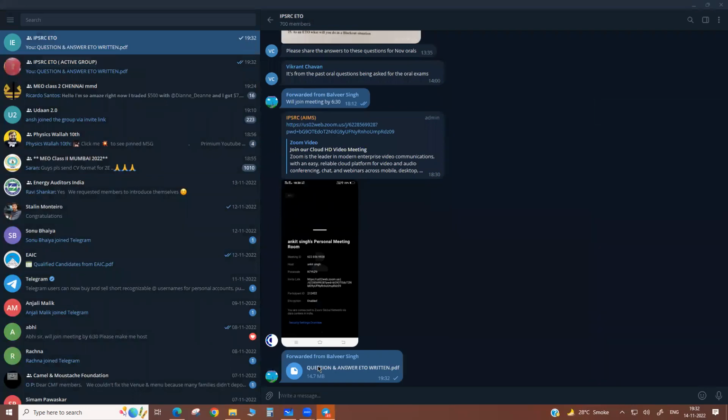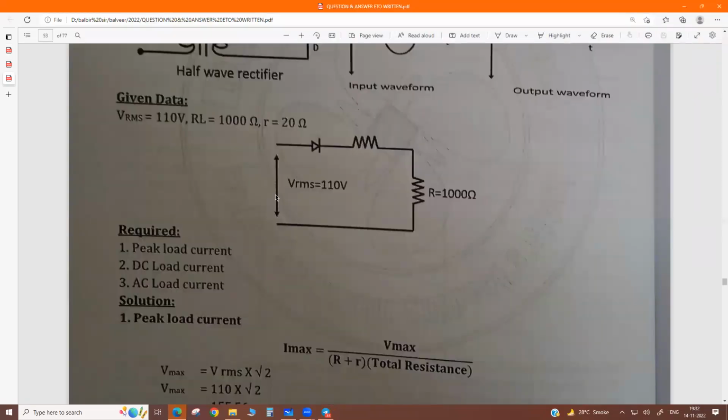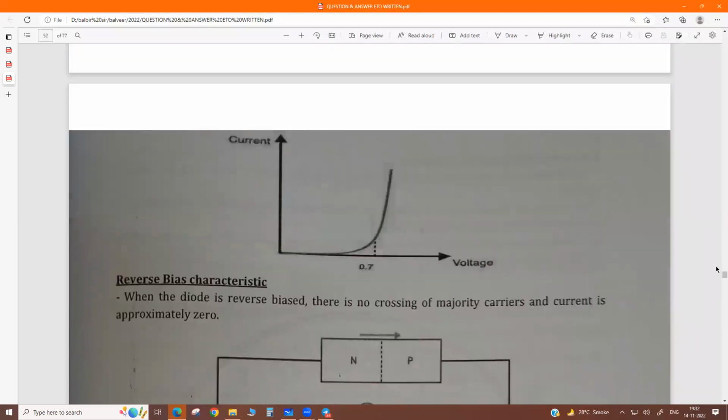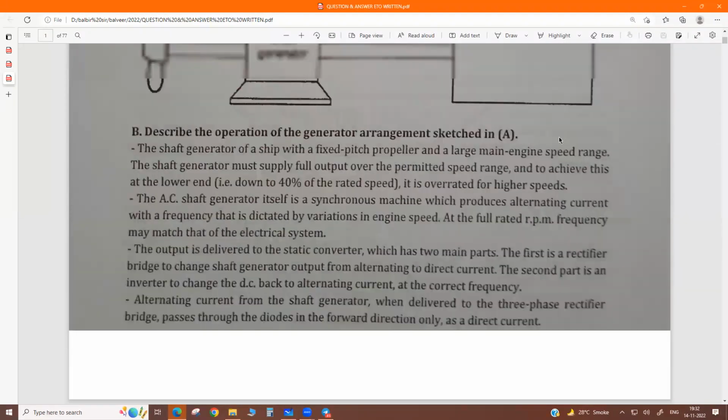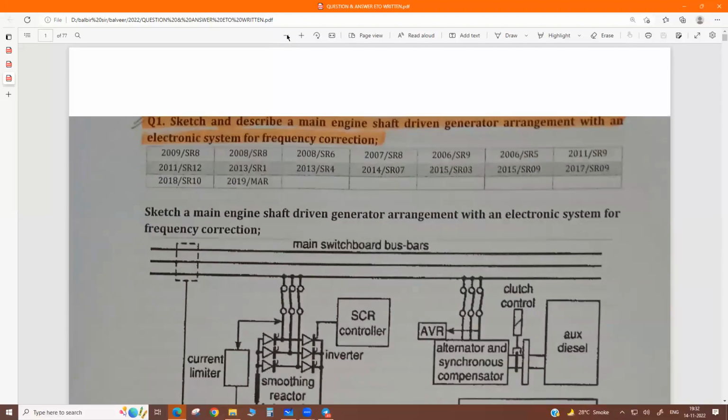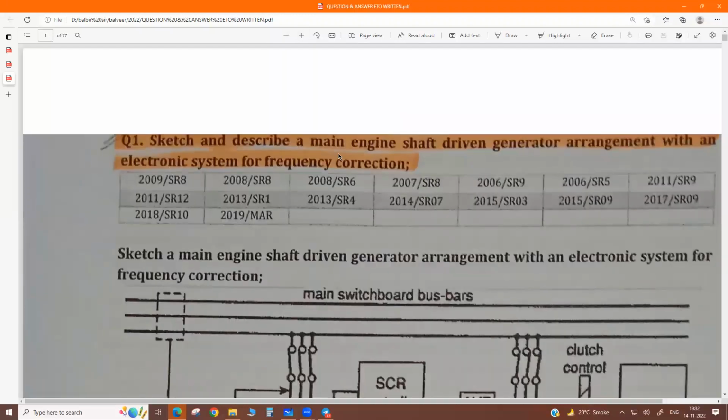Okay. Now see this file. Here a lot of theory and numericals are given, solved. Like the first question: sketch and describe the main engine shaft driven generator arrangement with an electronic system for frequency correction.